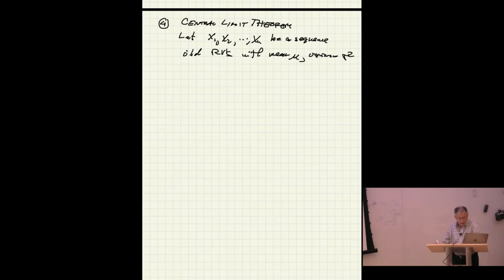Each of them behaves that way. And let's say their PDF, probability density function, is, say, little f of x. They're identically distributed, so they have the same f of x. Let's do the same thing we did before. Let's add them all together. Let y sub n be the sum of all of them. Sum from 1 to n of xi.